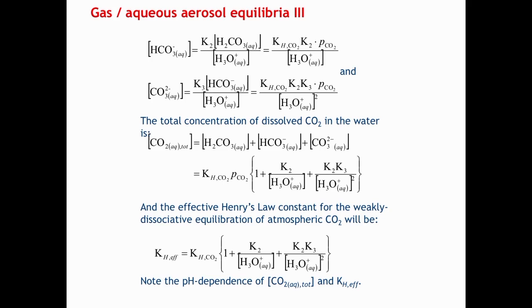The bicarbonate is simply K2 times the carbonic acid in solution divided by the acidity, and you can back substitute for the carbonic acid from equation 1. And the carbonate concentration is given by the back substitution of the third expression.